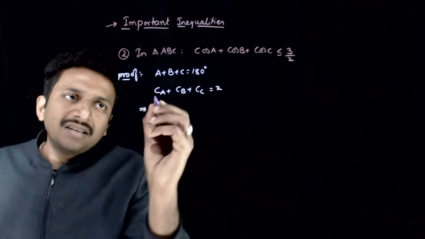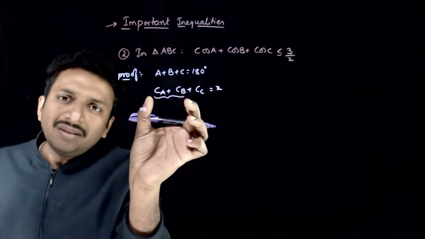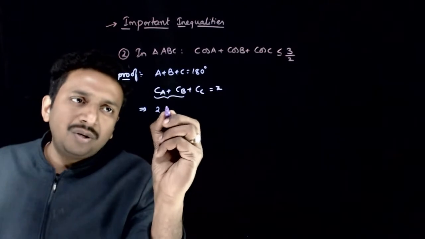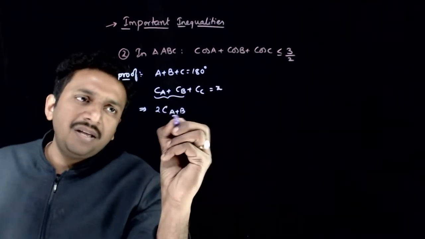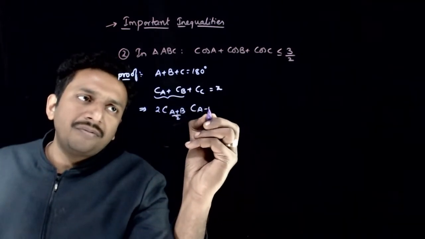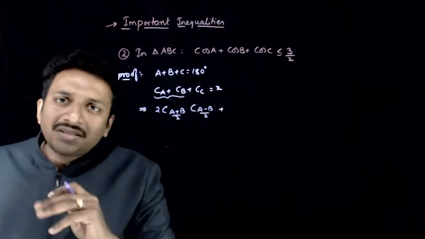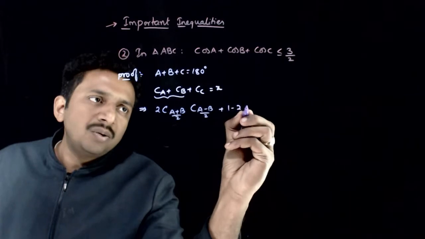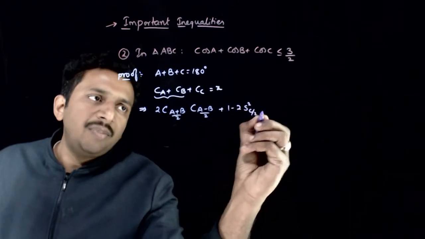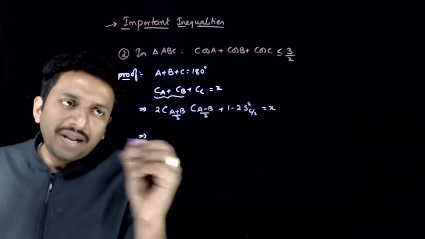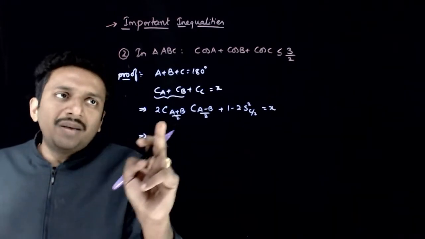So this implies, now let us use the transformation formula for cos A plus cos B. So 2 cos (A plus B)/2 into cos of (A minus B)/2, plus cos C can be written as 1 minus 2 sine square C/2, is equal to x. This implies, so what is cos (A plus B)/2?